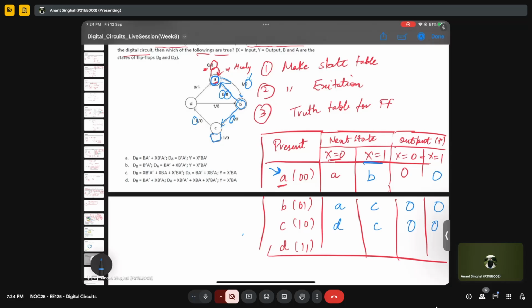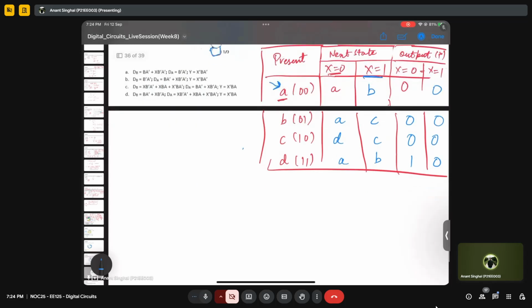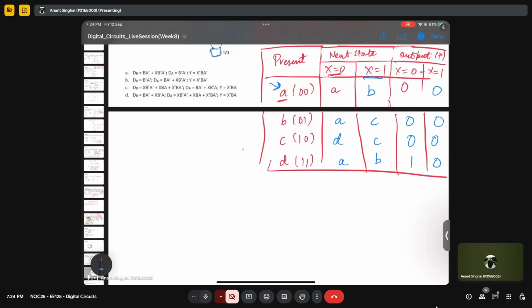And for D, when the input is 0, the output is 1 and it goes to A. And when the input is 1, the output is 0 and it goes to B. So this is the state table. Is this clear to everyone?